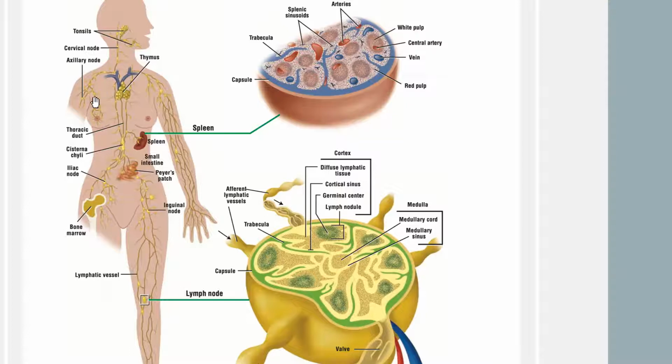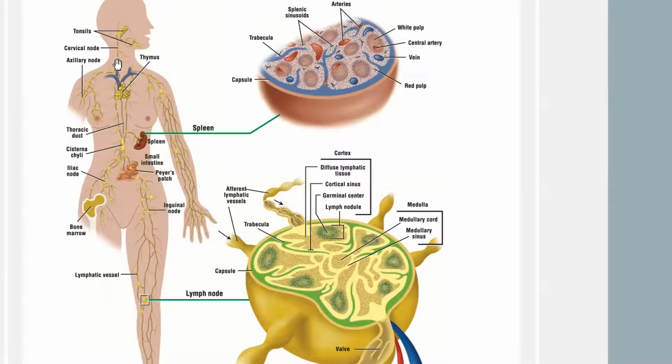You can see the lymph nodes, these roundish yellow structures, in different parts of the body. They can filter the lymph for us. We have about 600 lymph nodes in all parts of our body, but they are more accumulated in the inguinal region, intestinal region, mammary region, the axillary region, and also our cervical region.